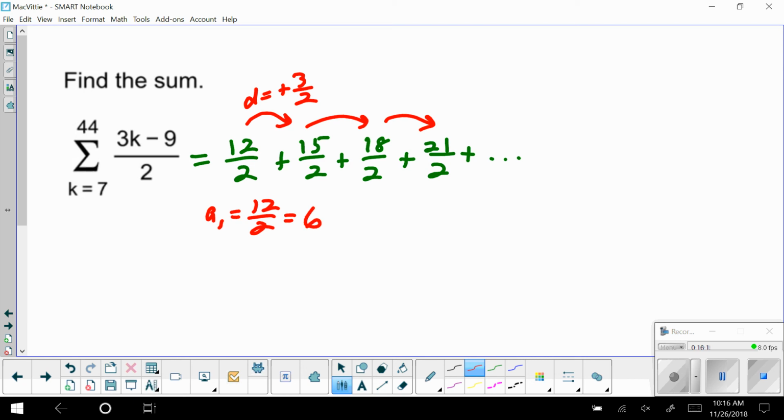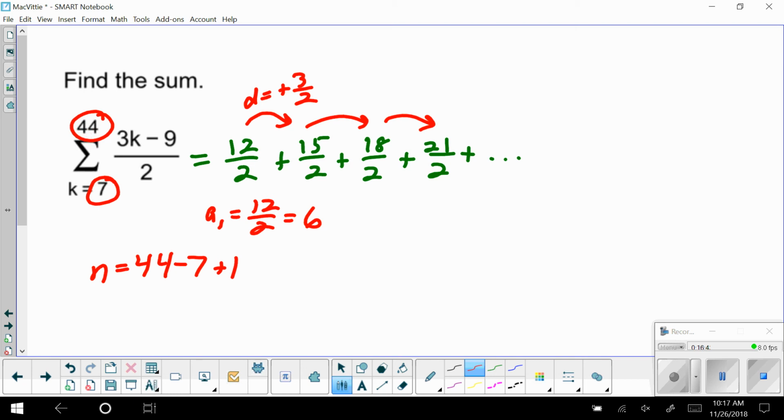To find the sum, then, I need to know how many terms it ends with, and then what's the last term. So to figure out the number of terms, I know I start at 7 and I go to 44. So n is going to be 44 minus 7, and then it's going to look weird, plus 1. And the reason for this is, if I count 1 to 10, 1, 2, 3, 4, 5, 6, 7, 8, 9, 10, that's 10 things I counted.